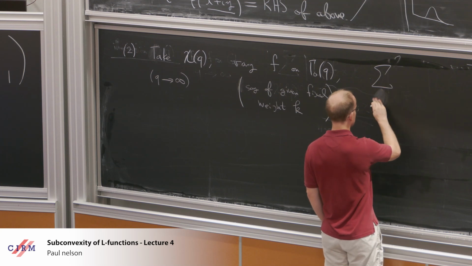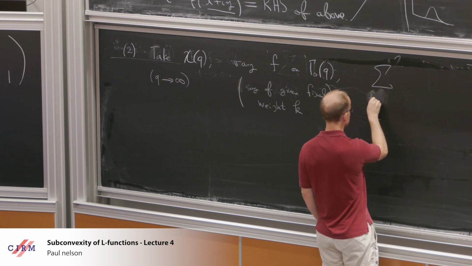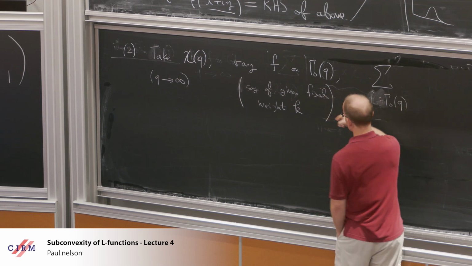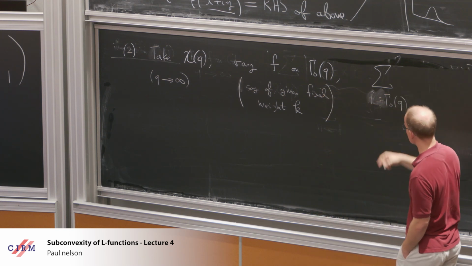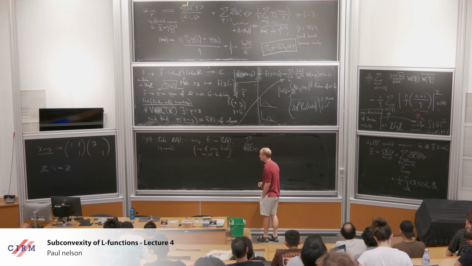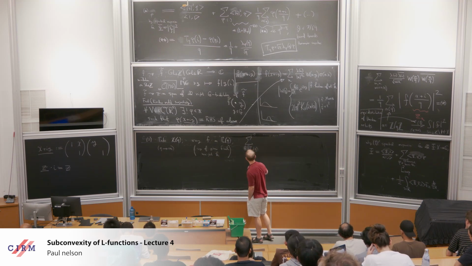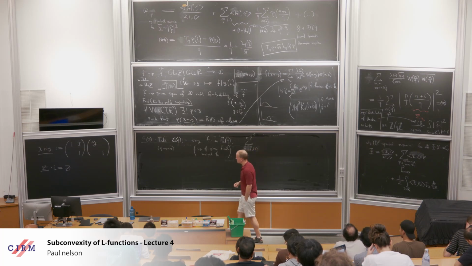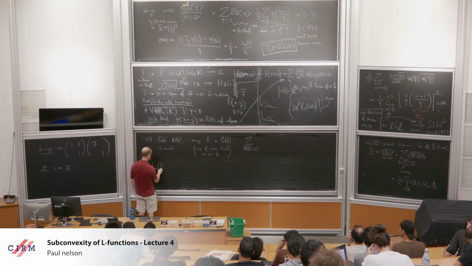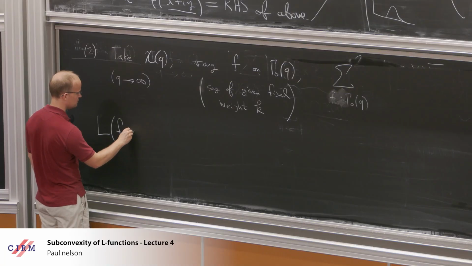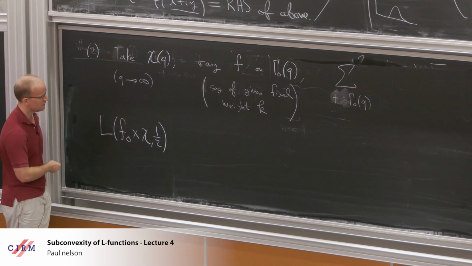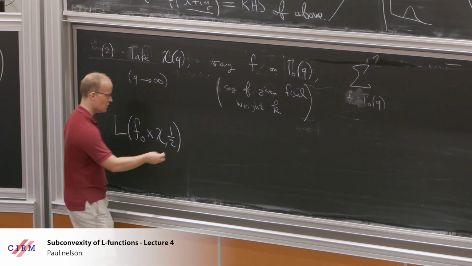So we'll have f on gamma naught of q, for a sum over a basis of elements like indicated here. And maybe we initially care about something like L of F0 times chi at 1/2 for some specific F0.